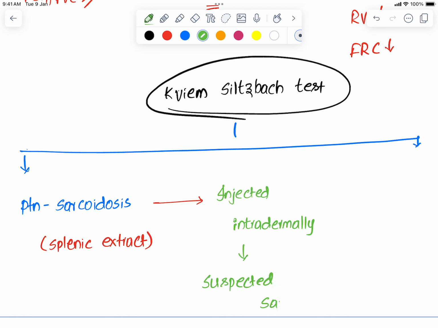Now after injecting intradermally, you need to take the biopsy after 4 to 6 weeks.